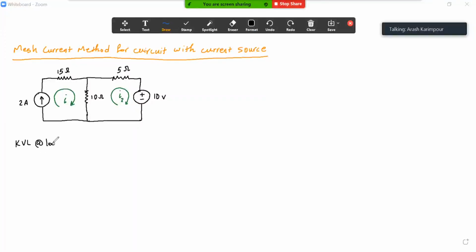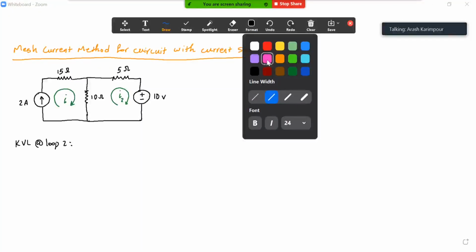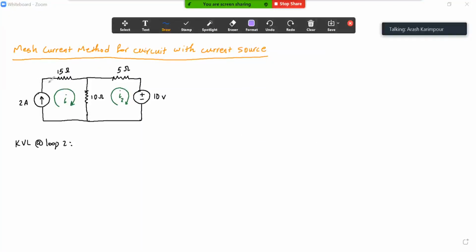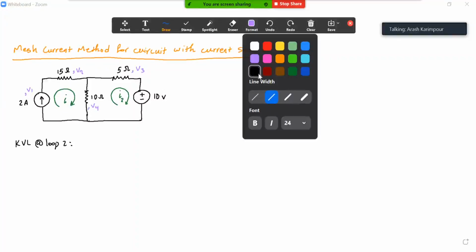Let me name the voltages so we know what is what. I assume this is V1, this is V2, the voltage in this one is V3, and the voltage in this one is V4. Just the magnitude of the voltage, whatever it is, we don't know yet.